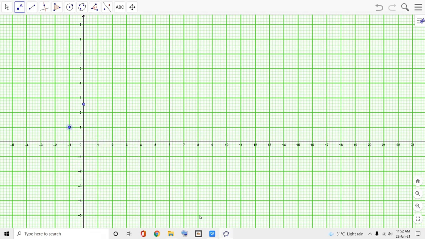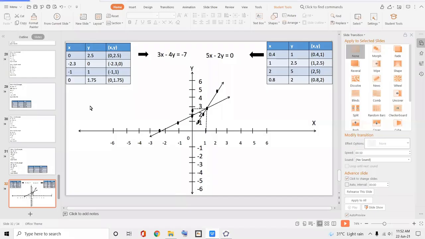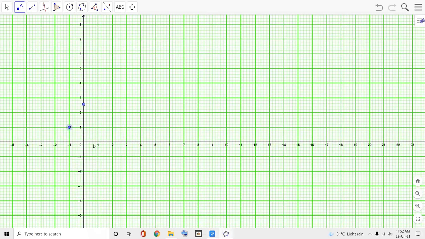Actually, we have minus 2.3 in the y place, not in the x place. So our 0, comma minus 2.3 comes over here. This is our y-axis and this is our x-axis. So over here it will come 0, comma minus 2.3.